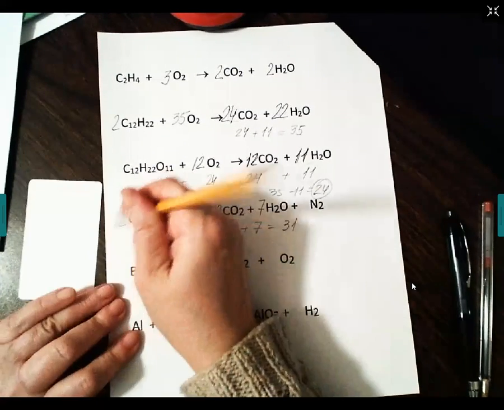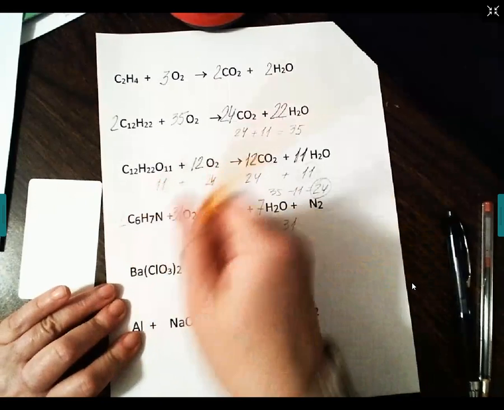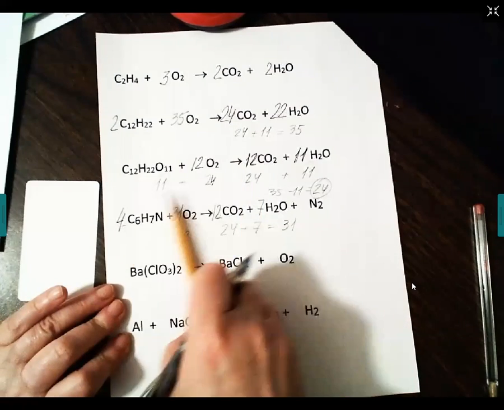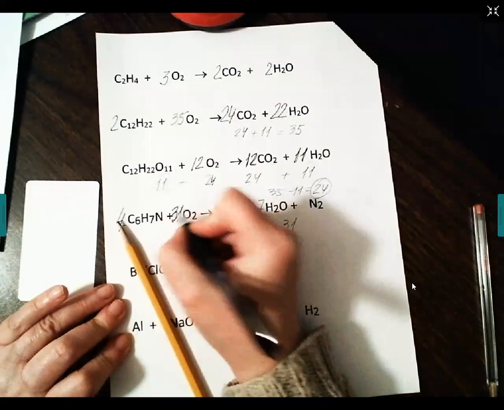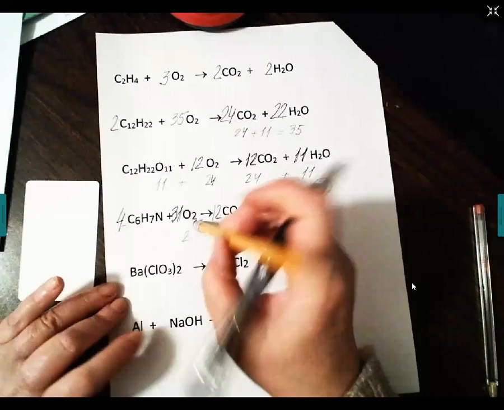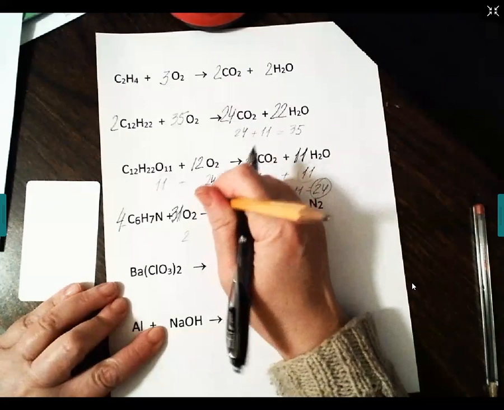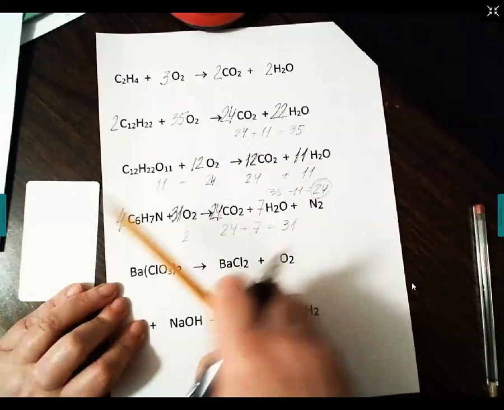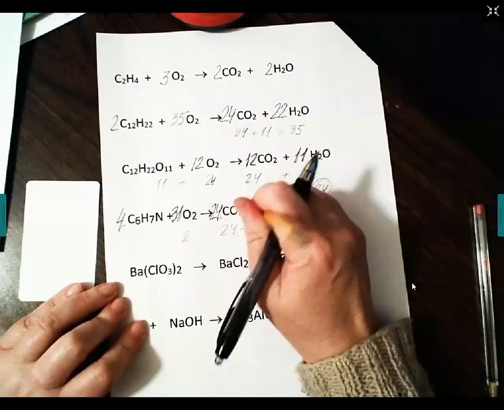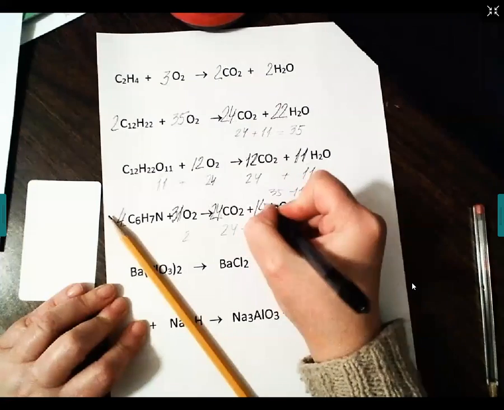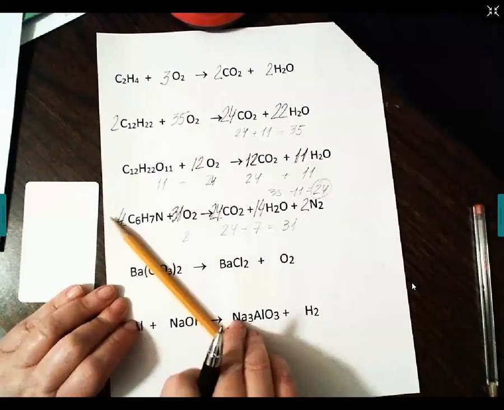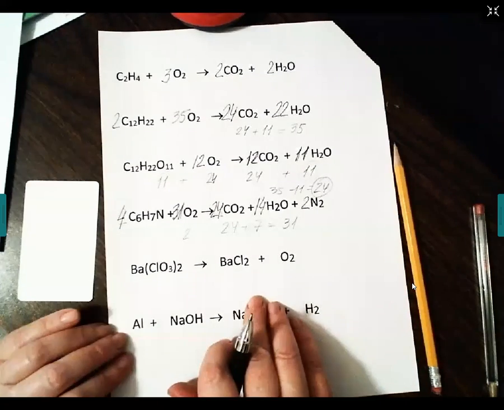So instead of 2, I will have 4, right? 31 stays. I don't change it. Instead of 12, we should write 24. Instead of 7, we should write 14. And we should add 2 here. Now it is balanced.